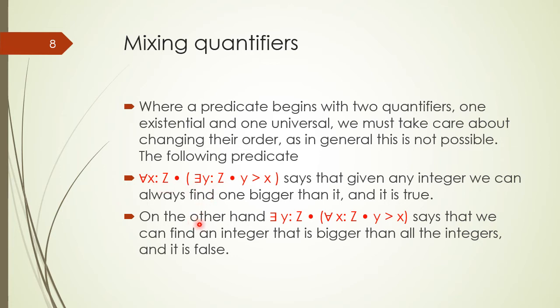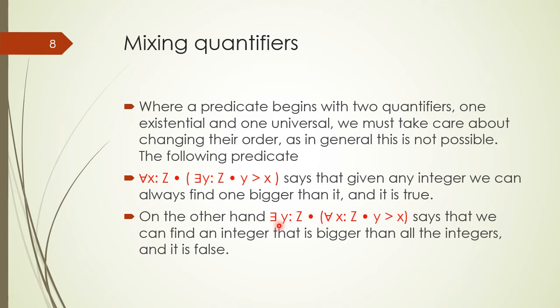Now consider another multiple quantifier statement, and we are swapping the quantifiers. Now you can see that the existential quantifier comes first and the universal quantifier comes after the existential quantifier.